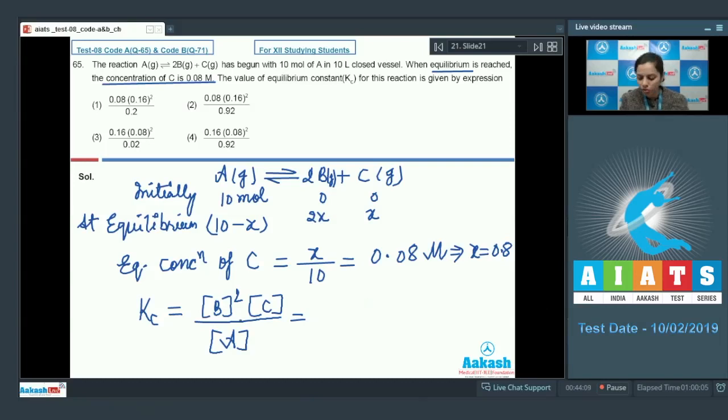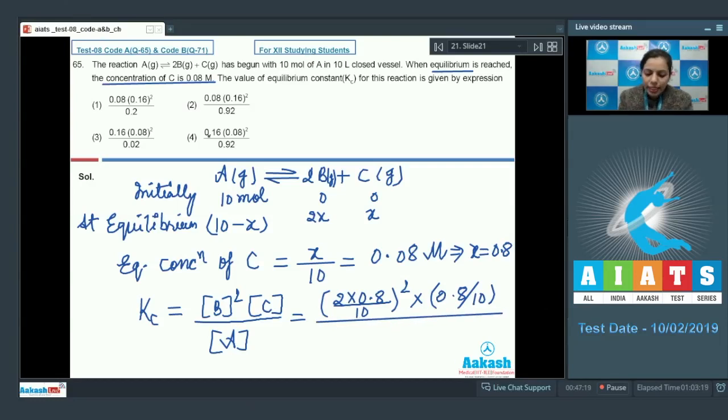Active mass we are considering. The value of x we have, we can place the other values here. Concentration of B, 2 into 0.8 divided by 10, squared, into 0.8 divided by 10. Further, now the concentration of A, that is 10 minus x, and the x value is 0.8. So 10 minus 0.8 divided by 10, because the volume is 10 liter.